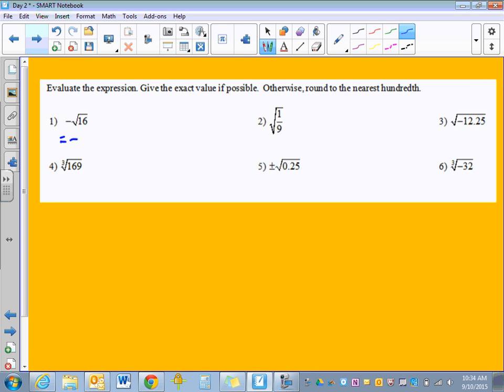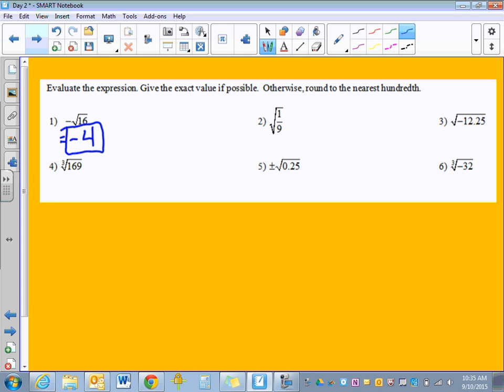Without using your calculator, anybody have an idea of what the square root of 16 would be? What times itself gives you 16? Very good, 4. And then double check in your calculator. You can actually type into your calculator negative square root of 16. It will get you negative 4.